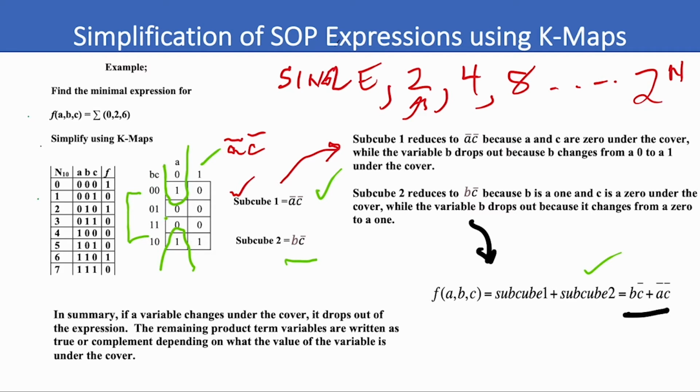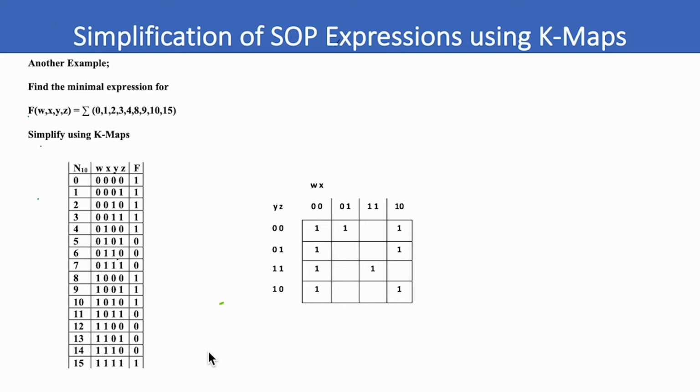So B just drops out. And what we're left with is the value of C. C is a 0, so we have C bar. So this becomes A bar, C bar. And that's what that is right there. So we just need practice, and you work on these, and pretty soon it becomes fairly simple because you can identify which way to cover things.